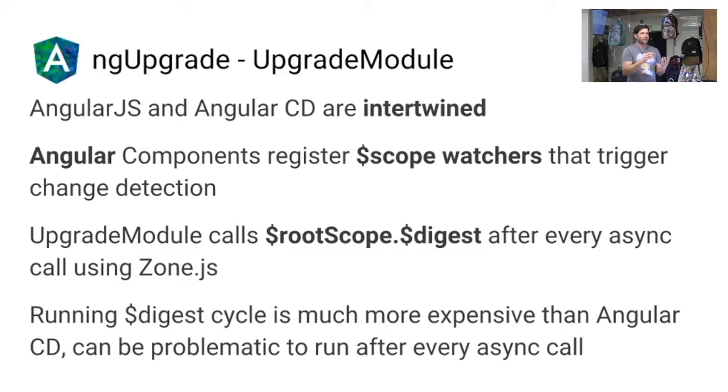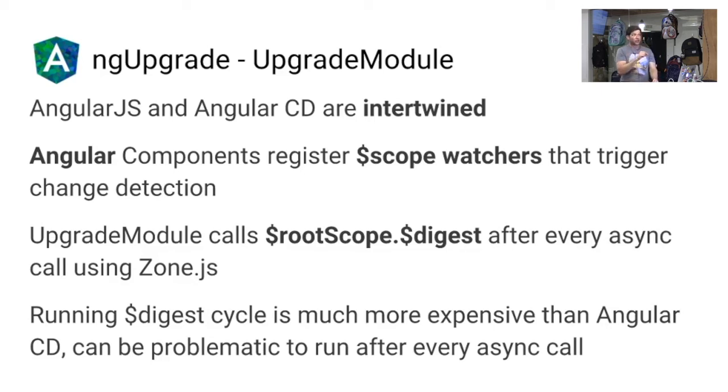When you downgrade a component in Angular to AngularJS, those components register scope watchers. So they know when the digest cycle fires, and when it fires, they trigger their change detection. It ties your Angular components into the AngularJS digest loop, and every one of those loops, it'll run change detection on your Angular 2 plus components.